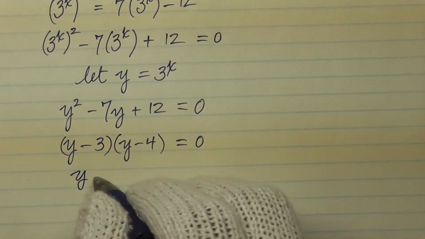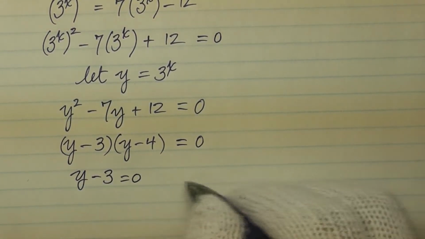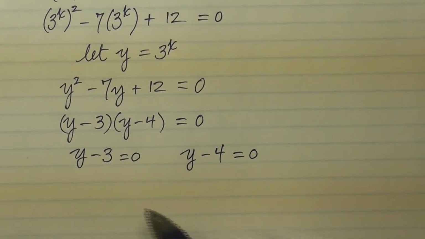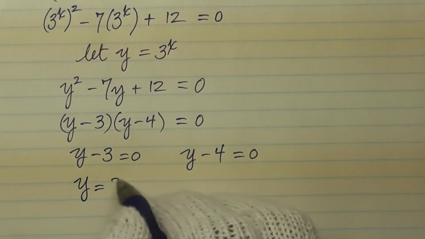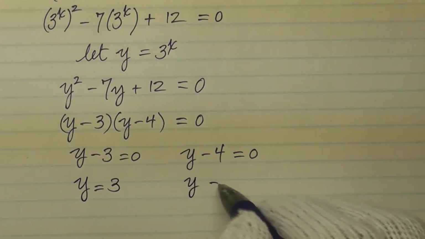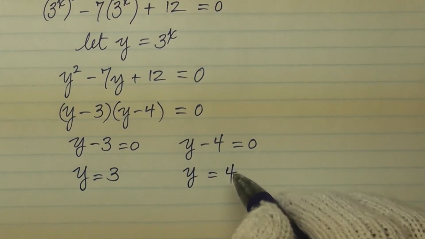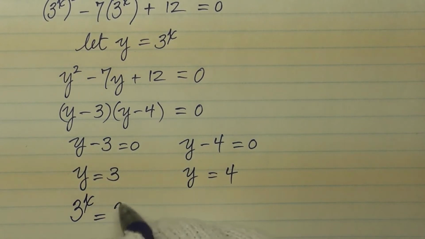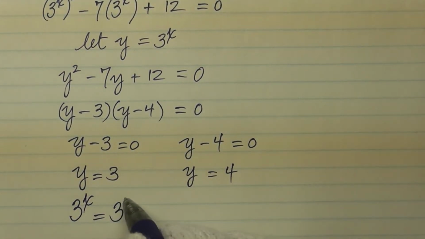So this tells us that y minus 3 is equal to 0 and y minus 4 equals 0. So y equals 3, y equals 4. Remember that y is actually 3 to the x. There's an integer 1 here, so this means that x is equal to 1.